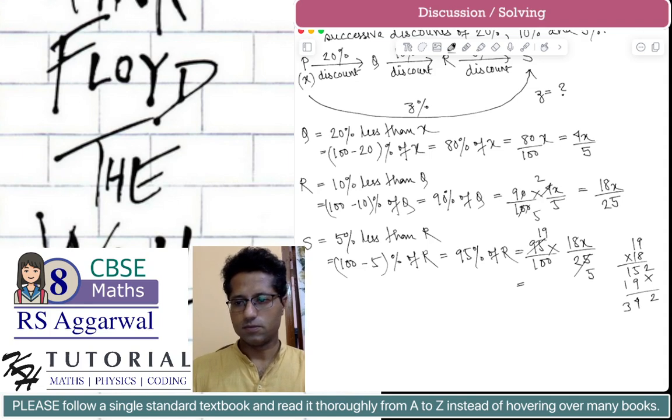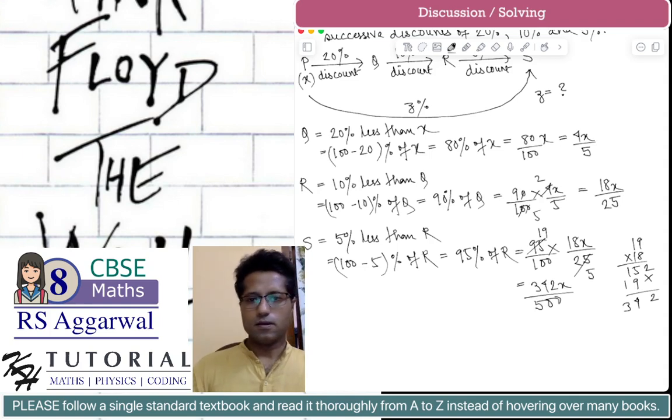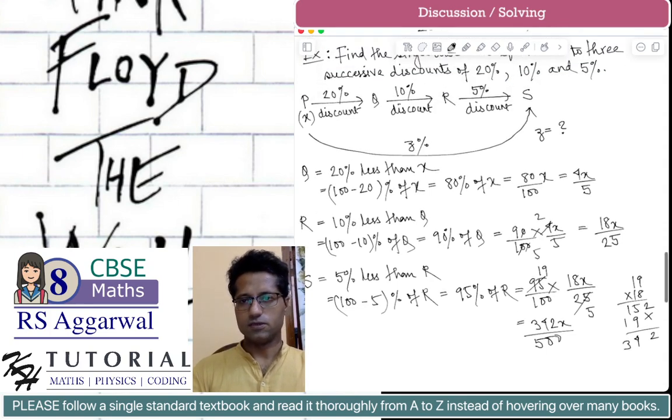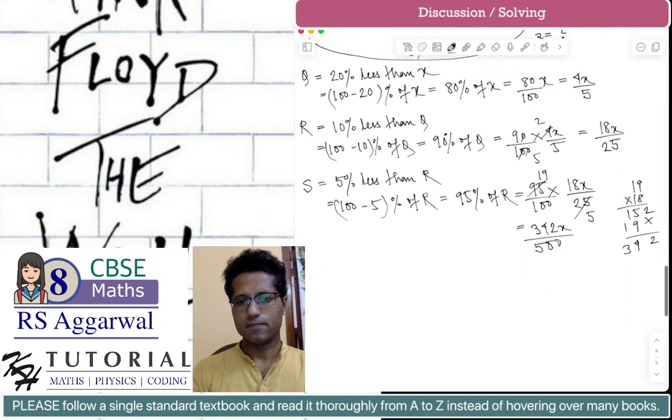Now I might be doing some calculation mistake, I'm not worrying about that. So 342x by 500. This is the final reduced price or the selling price after all the 3 successive discounts have been applied.